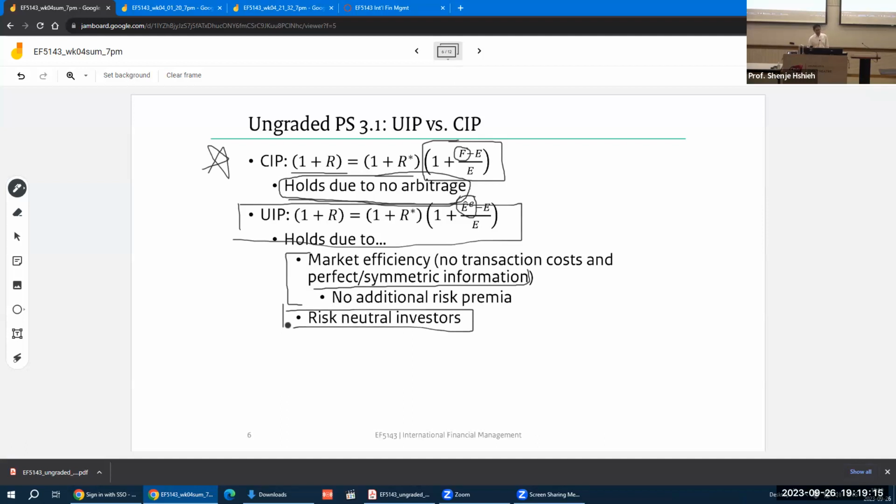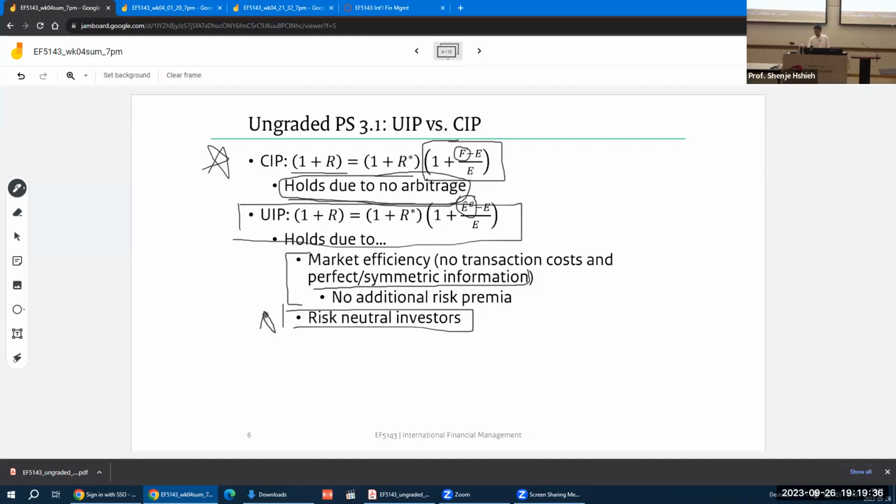Risk-neutral investors means that they don't care about risk in the variance sense, right? They don't care about standard deviation. They don't care about any other distributional characteristics of the payoff return variable on foreign currencies. The only thing they care about is the expected value or the mean return on the foreign currency.